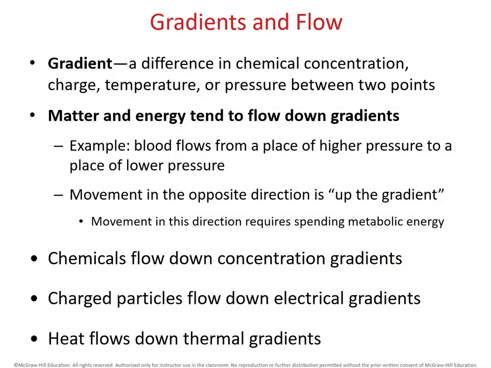Our last concept is the concept of a gradient and flow across a gradient. So this principle is really simple, but the wording can be kind of confusing. So let's start with the word gradient. Gradient is anything where there's a gradual difference between 2 points. Okay, so I'd like you to imagine a room on a hot summer day in your house, and there's one part of the room that has an air conditioner in it, and if the air conditioner is on, working properly, that's going to be the coldest part of the room.